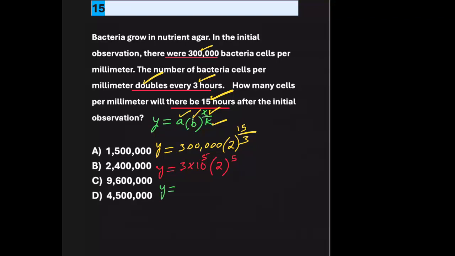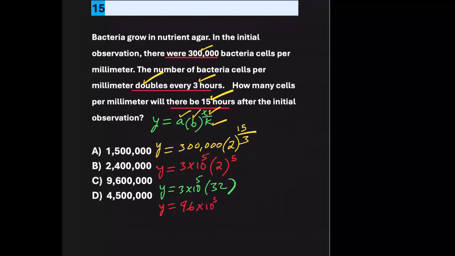So y is equal to 3 times 10 to the power of 5, times 2 to the 5, which is 32. 3 times 32 is 96 times 10 to the power of 5. And remember, the 5 is the 5 zeros.